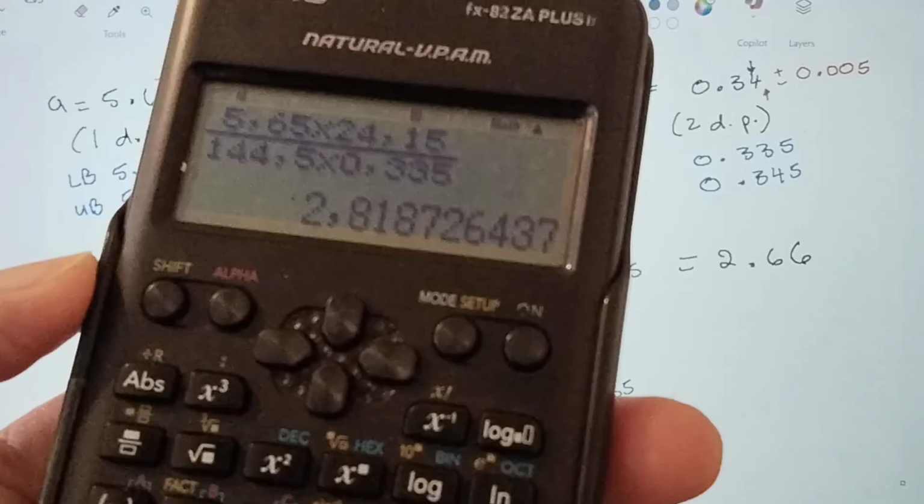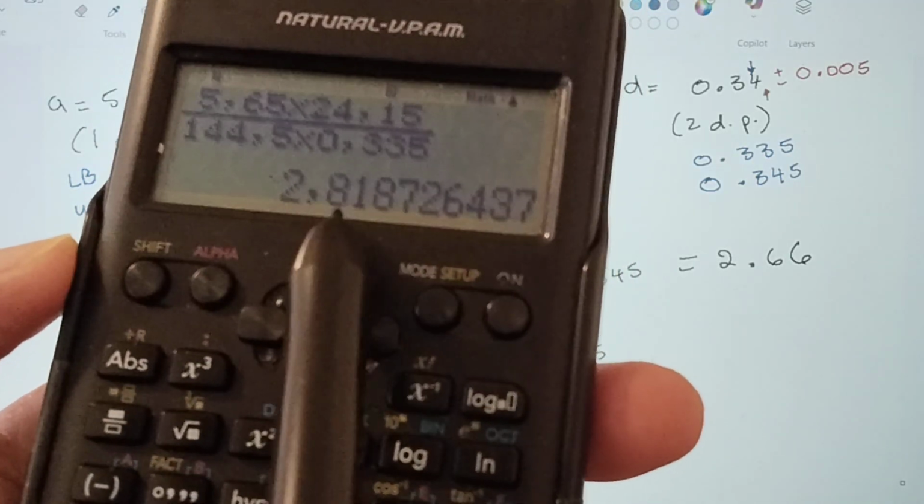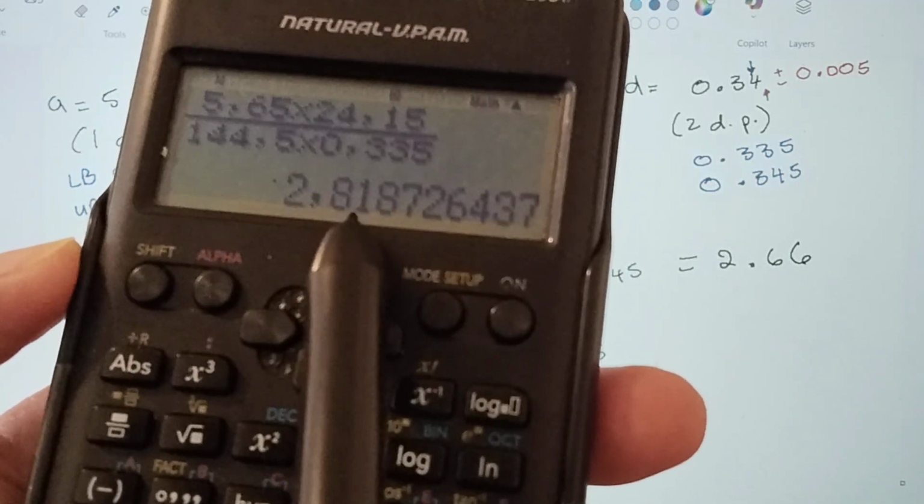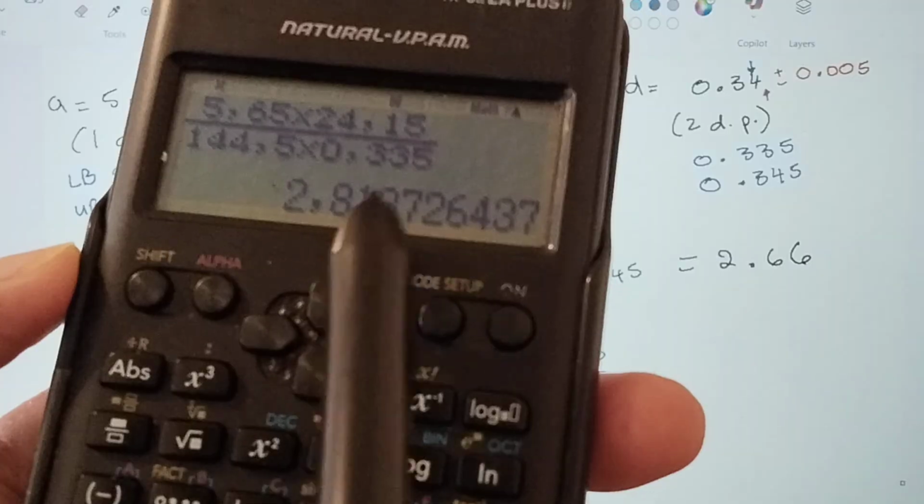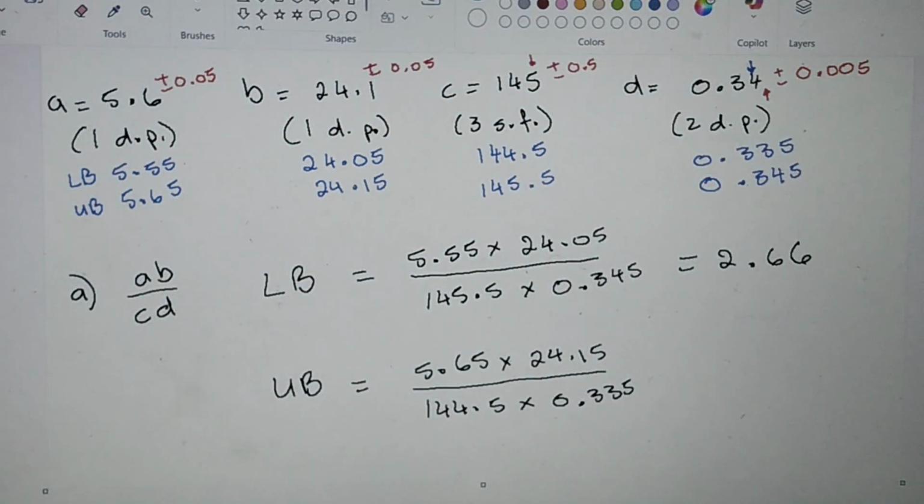So 3 significant figures: 1, 2, 3. The third figure is that 1, but that's followed by an 8, so it rounds up to a 2. So that'll be 2.82.